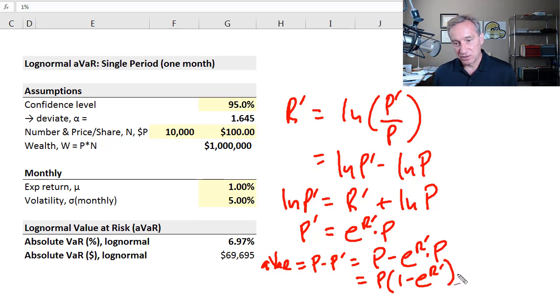And that's my solution, where my geometric return is mu minus sigma z. So in percentage terms, this is my lognormal VaR, and if I multiply by P, then I get it in dollar terms: P times 1 minus E raised to the quantity mu minus sigma times Z.